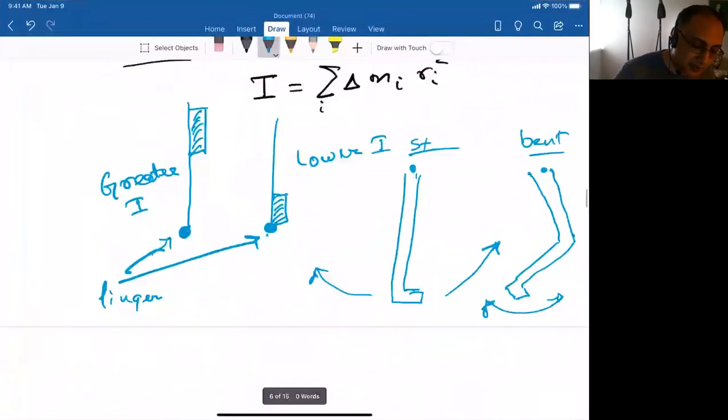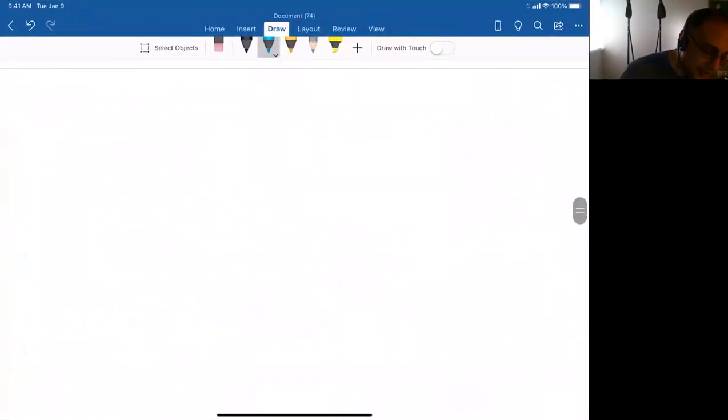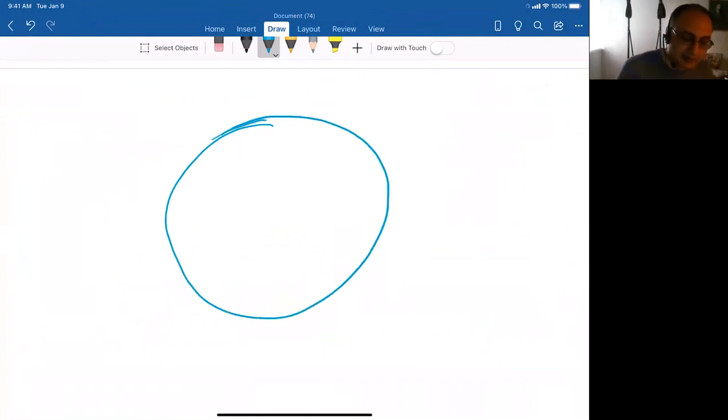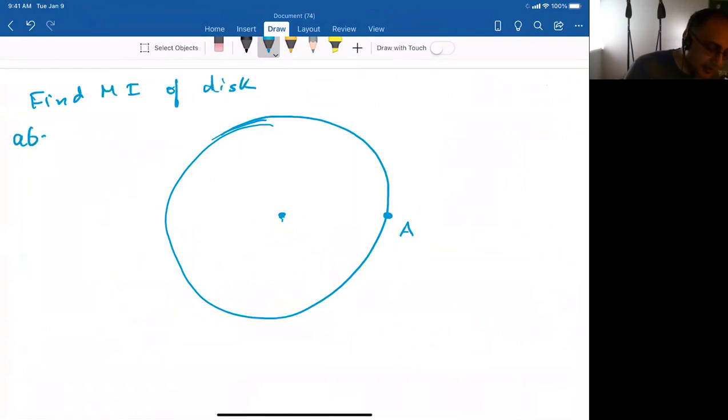Suppose you want to find the moment of inertia of this disk, but about an axis that is perpendicular to the disk, but passes through the point A. So you want to find the moment of inertia of the disk about an axis through the point A, and it's perpendicular to the disk.